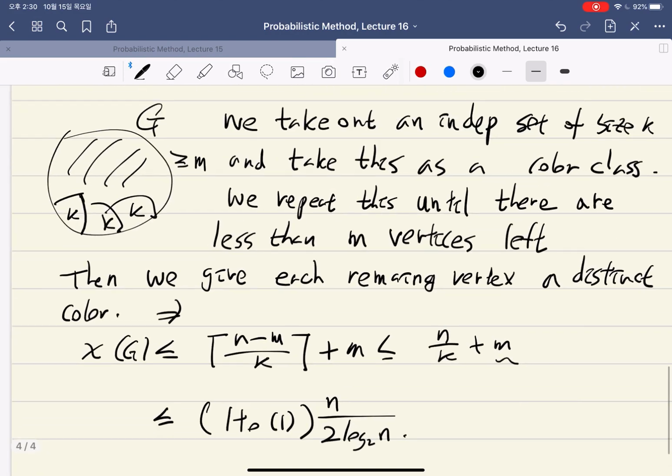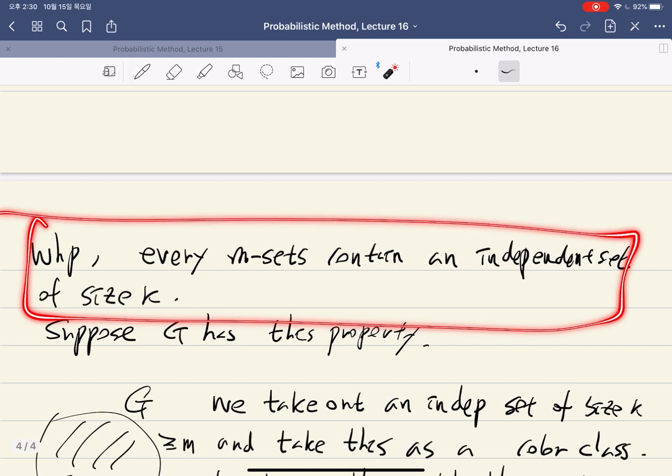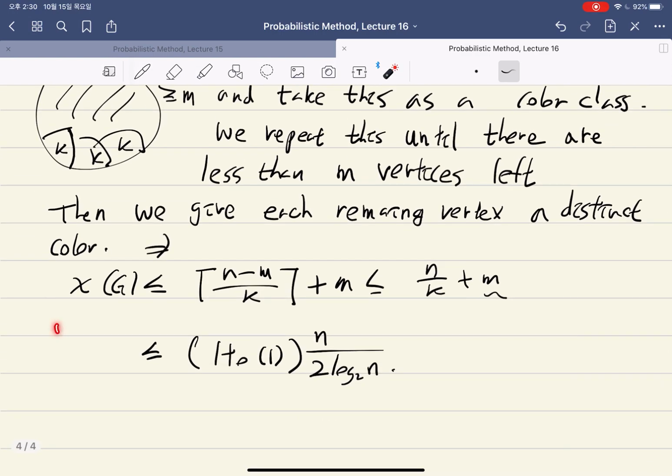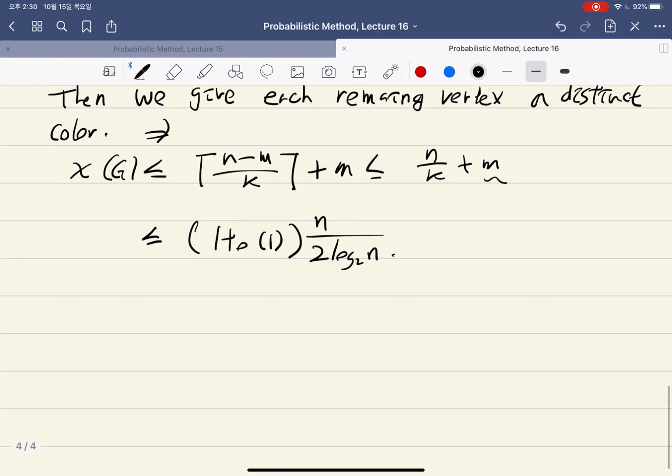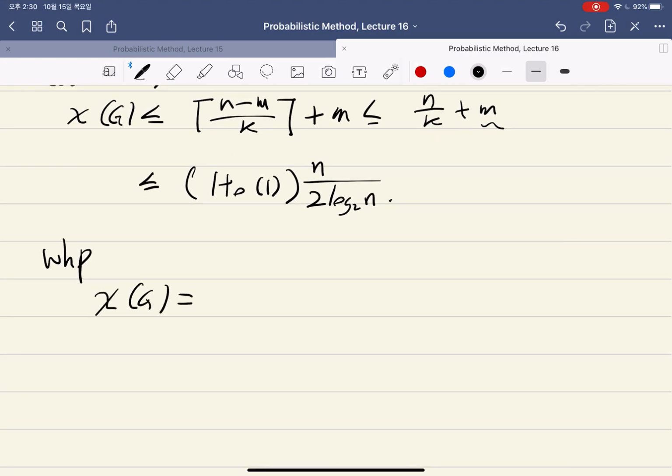And as this happens with high probability, and once that happens we have this upper bound, this upper bound also holds with high probability. So with high probability, we have the lower bound and the upper bound. So it is indeed more or less n over 2 log base 2 of n.